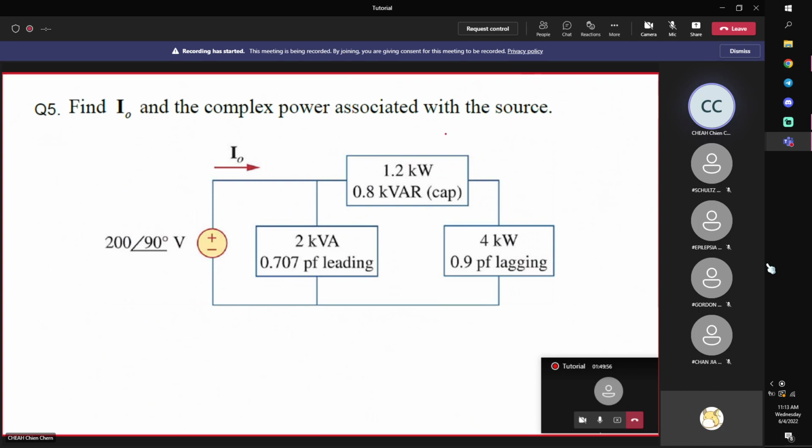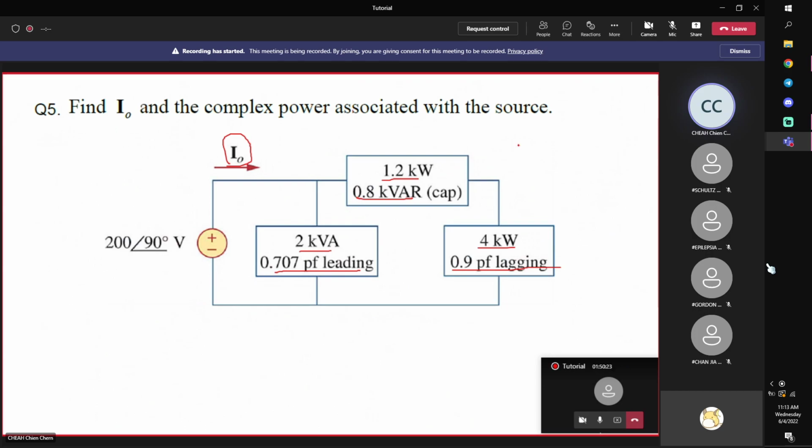Okay, for the last question, basically you need to find this current of a combination of loads. Notice that the loads are specified in various different ways. Actually, remember I told you about power triangles. You only need two pieces of information to find the complex power.